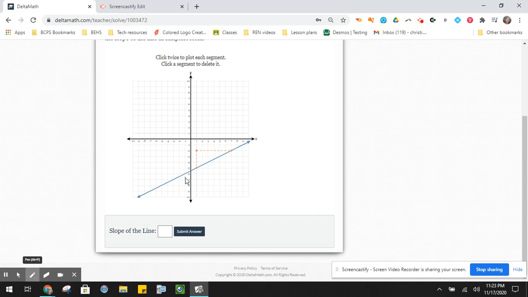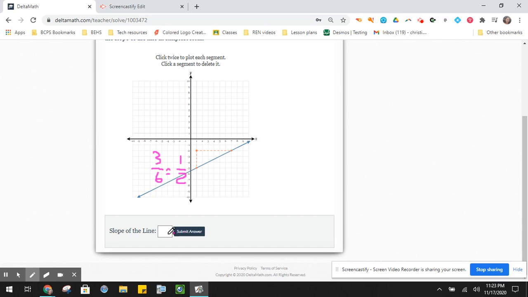So I will have a rise of 3 and a run of 6. Now, I don't want to leave 3 over 6 because that is a fraction that I recognize can be reduced to 1/2.